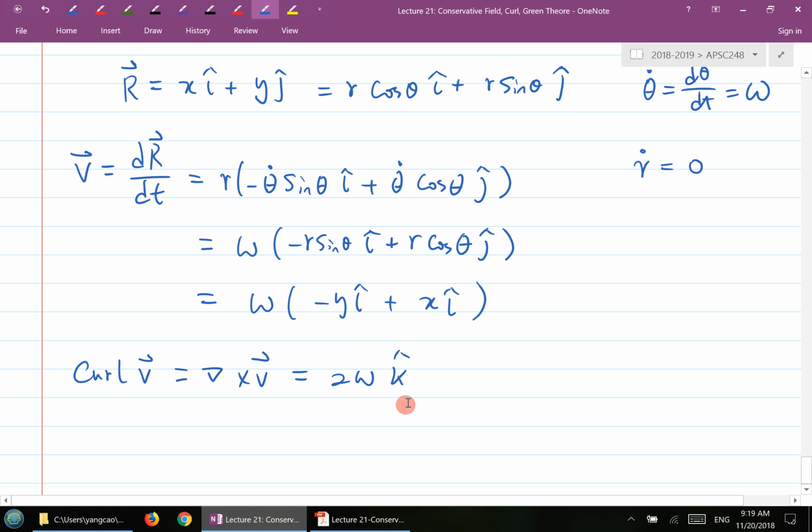So what this is saying is the circulation at a point. This is a microscopic rotation.